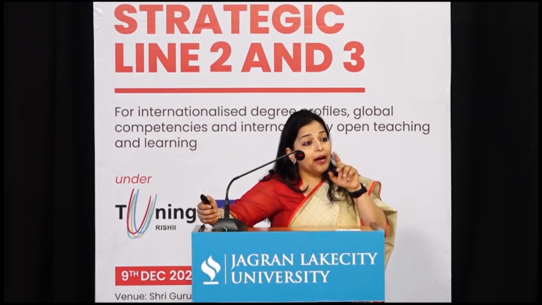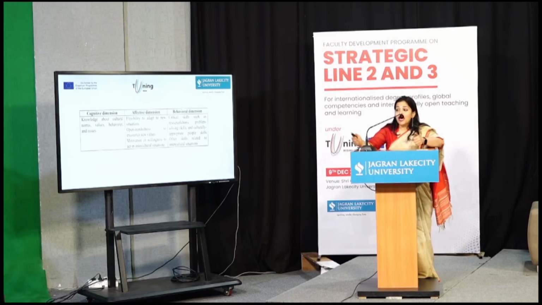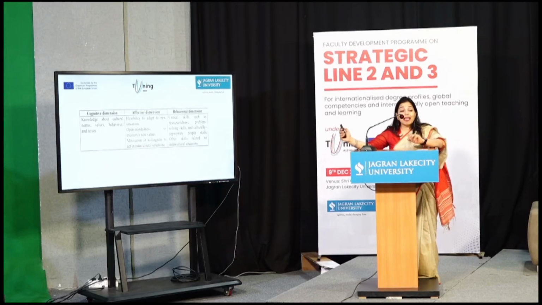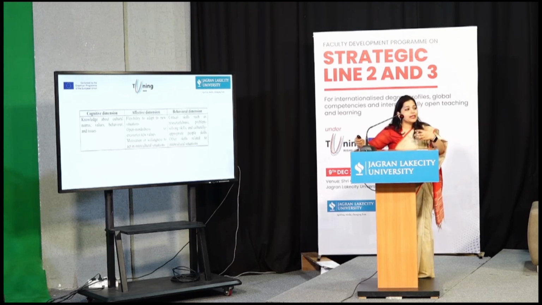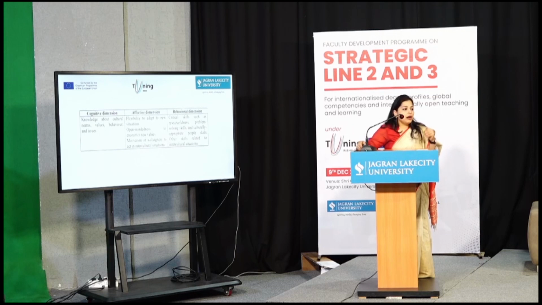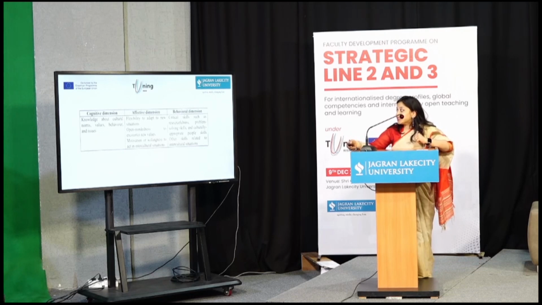There are three parameters by which we can inculcate global competency in our curriculum. The first is the cognitive dimension, the second is the affective dimension, and the third is the behavioral. The cognitive is closer to the formal curriculum, which is written, and that's how you can inculcate it. The second one is affective.